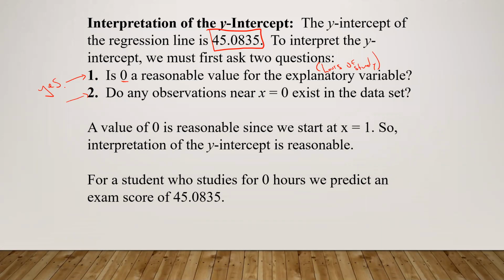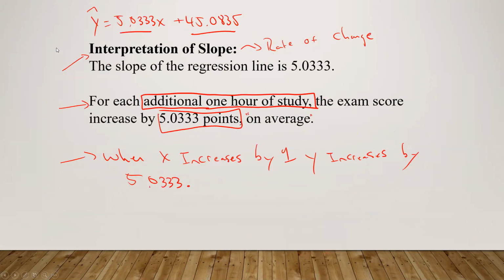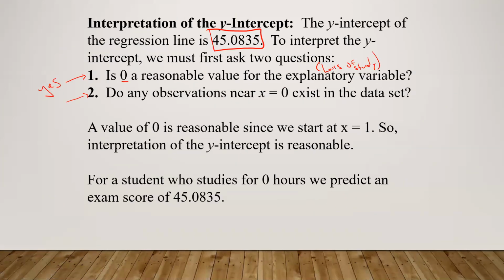And then the next thing you have to do is look back at your data and say, do we have any values of x that were close to 0? Yeah, we sure do. Like this value 1 is really close to 0. So we have original data that's close to 0. So yes, if you have both of these answers, then it's very reasonable to interpret the Y-intercept.